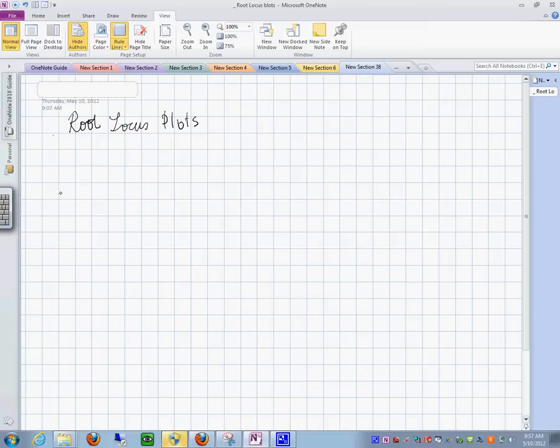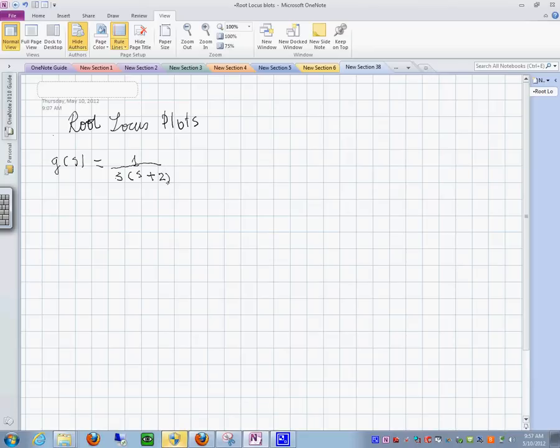Our transfer function, we're going to call it G of s. Let's say it's 1 over s times s plus a, as I showed you in the slide. So let's say s plus 2.